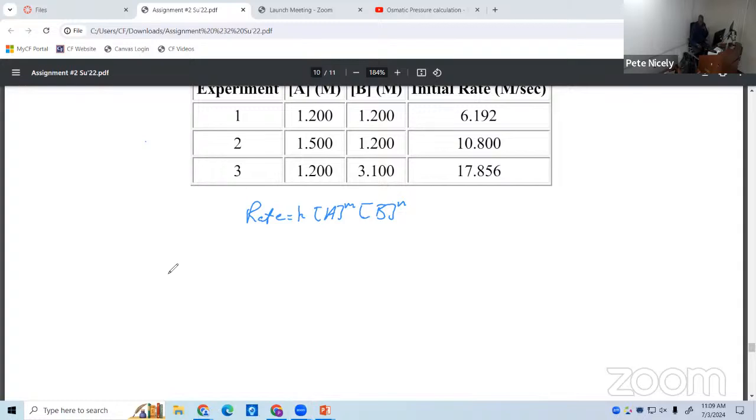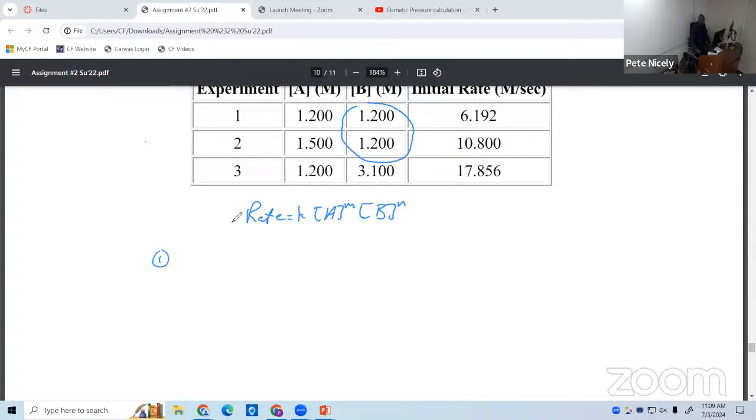So if you remember what we did the last time, I plug in the values. I choose two experimental runs where the concentration of one substance is fixed, right? In this case, concentration of B is fixed for experiments 1 and 2.